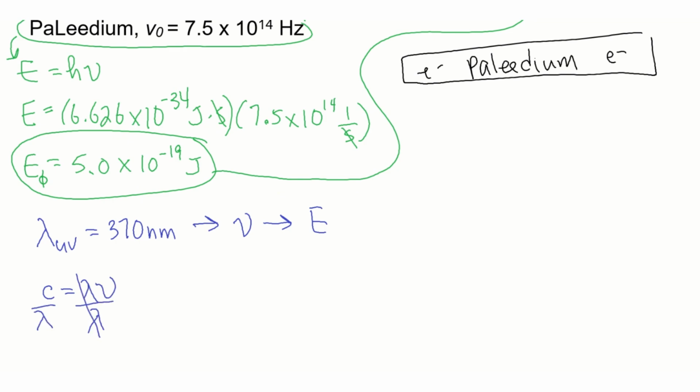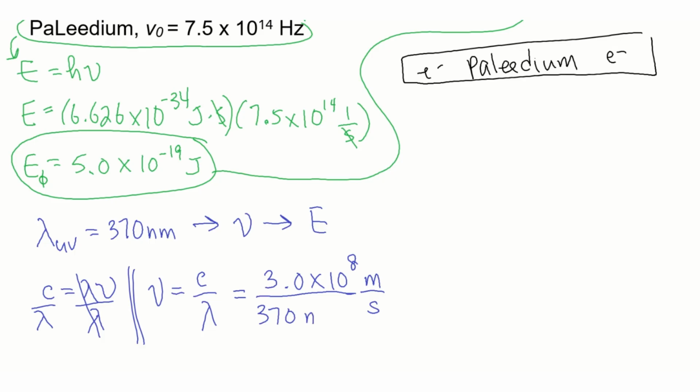We're going to isolate frequency, plug in the values for the speed of light and the wavelength of ultraviolet light. Now we can turn nanometers into meters by slapping on 10 to the negative 9, because 1 nanometer is 10 to the negative 9 meters. Now that we have the same units, top and bottom, we can cancel out meters and punch these in a calculator.